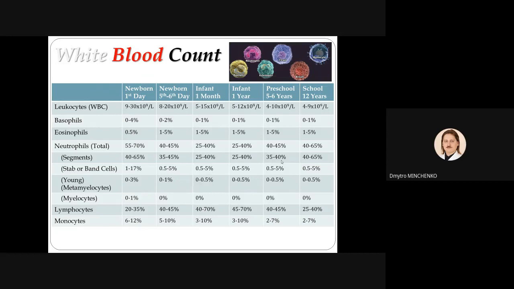As the depot becomes depleted and exhausted, the segment neutrophil numbers continue to drop, and by the time we get to 1 month, or even much earlier than that, we get the normal infant blood, which contains more lymphocytes than neutrophils.